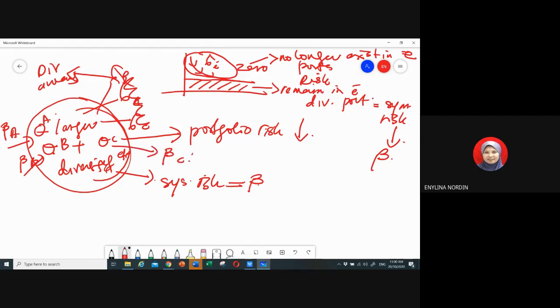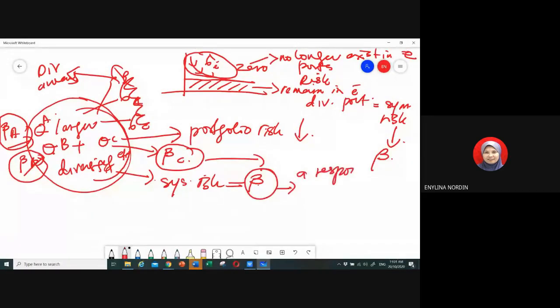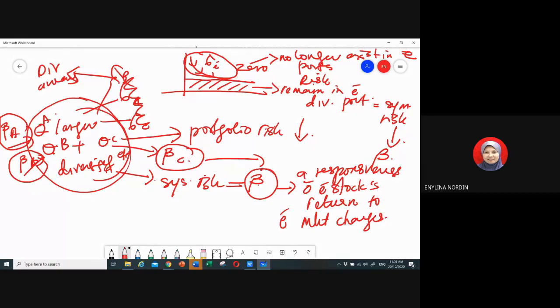So this beta is measuring the risk of the stock to the market changes. So that's why beta is defined as the responsiveness of the stock's return to the market changes ataupun market movement, which is represented by the market portfolio return.